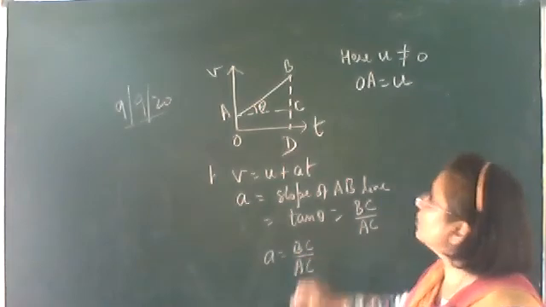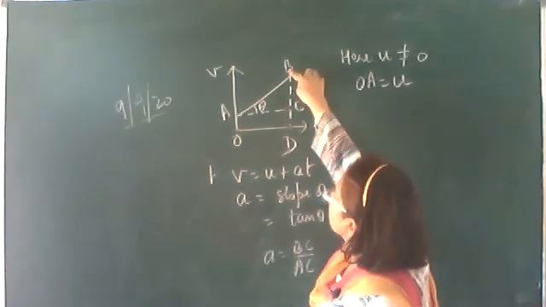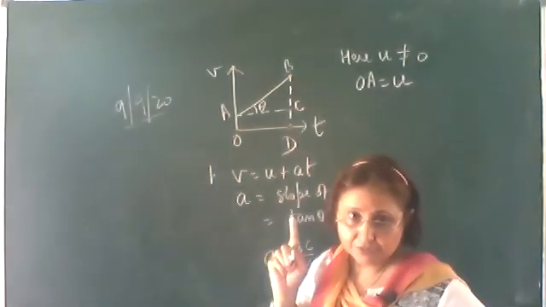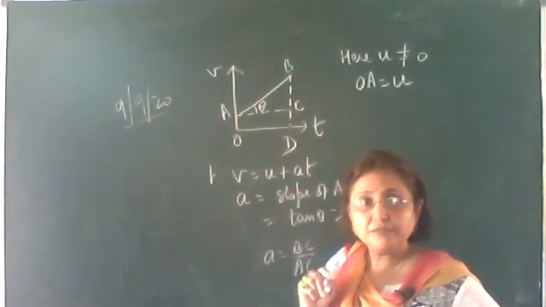Now let's find out what BC is equal to. BD is the final velocity, and CD is equal to OA.